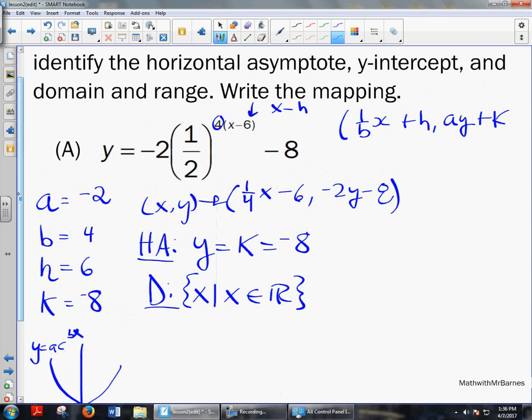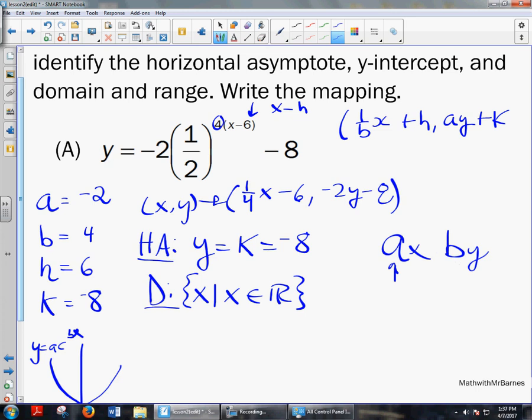If you remember my little saying about reflections, x by needs me x by. If a is negative, there's a reflection in the x-axis. If you look at this one, a is -2.